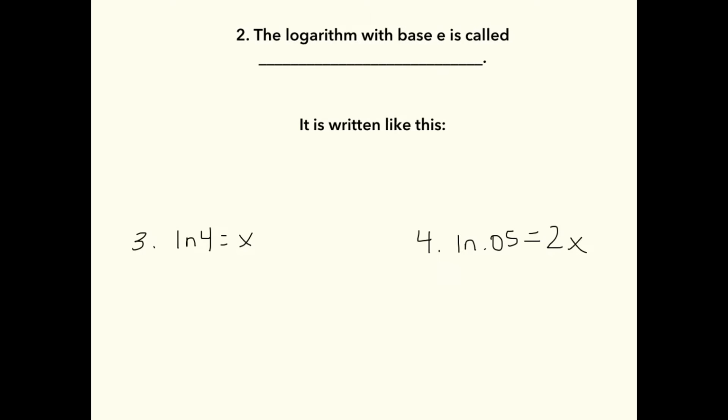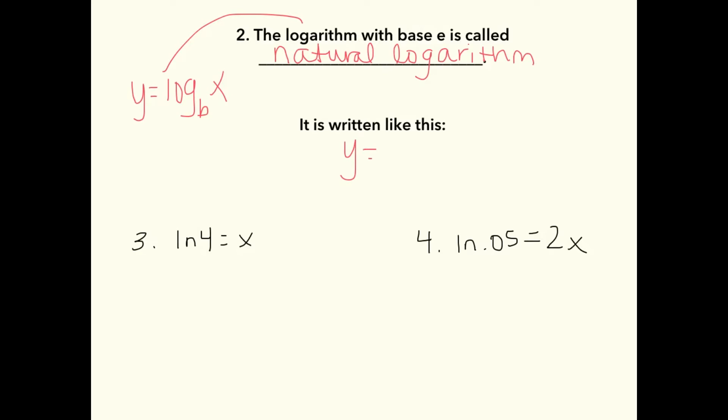Now, a logarithm with the base e. Remember, we've been writing a logarithm as y equals log, with that little base number down here, of x. Now if we have a base e, meaning we put the e here on a log, it's called a natural logarithm, and it's written y equals log base e of x.